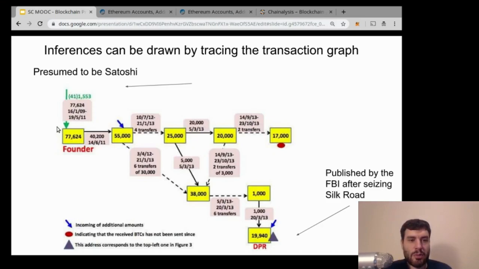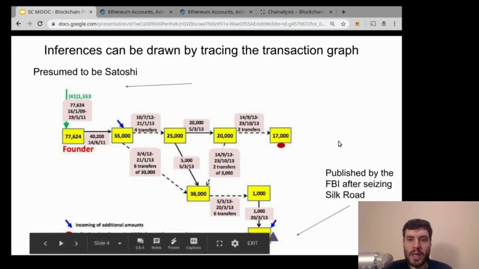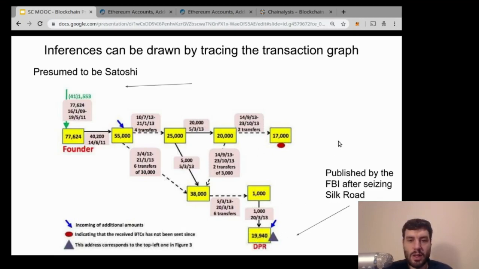And they essentially provided some evidence that the founder of Bitcoin, Satoshi, was related in some way to the founder of the Silk Road, one of the black market exchanges that was very widely used in Bitcoin in 2013, the Dread Pirate Roberts. And essentially, they drew this connection between these transactions and made a published article about it. That would be really surprising information and maybe a problem for Bitcoin if it turned out that Bitcoin's founder was also the founder of the black market website, the Silk Road.